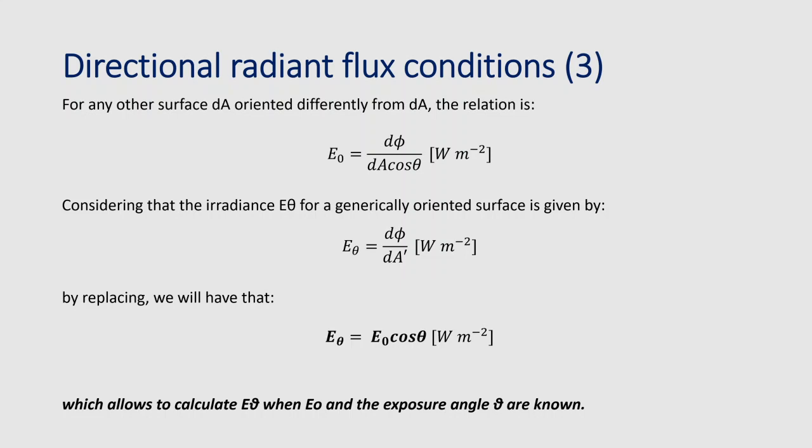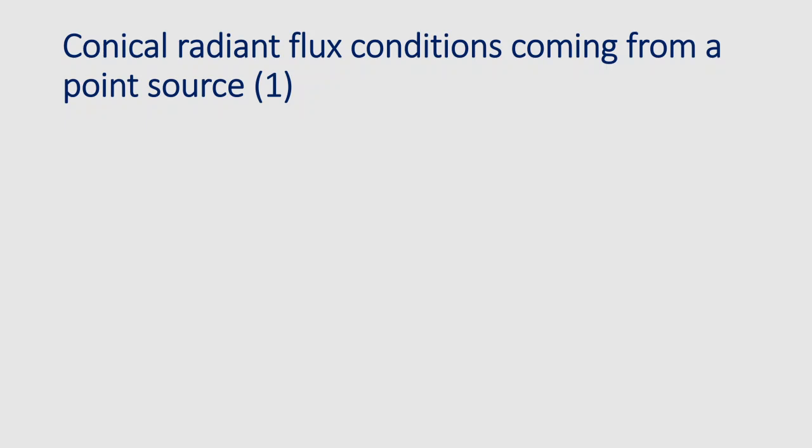So I mean we can understand E of theta if the position of the sensor at the angle of incidence is known, and this is known usually in remote sensing. We can calculate this irradiance, that is the energy that is reflected by a particular point on the Earth's surface.